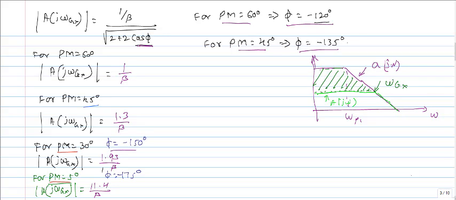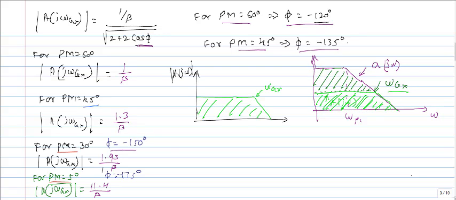Now let us take this information and see how this omega gx could be related to this light shaded green color plot, right? So what I've done here is I've taken this particular part of the graph and replotted it here with another graph.